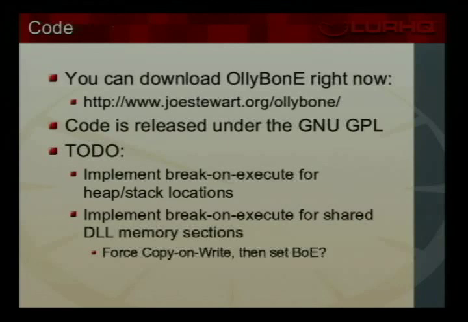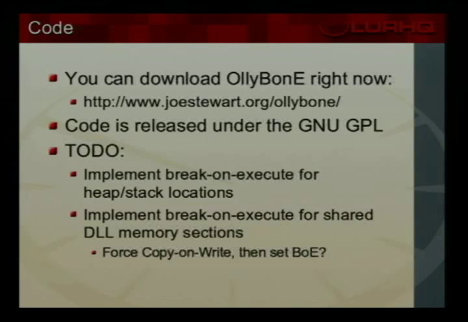On my immediate to-do list, which I'm probably not going to get to myself, which could probably use help, I would like to be able to set break on execute for more than just the sections that are assigned by the PE headers. For instance, if something's writing out to the heap and executing there, I'd like to be able to protect that.